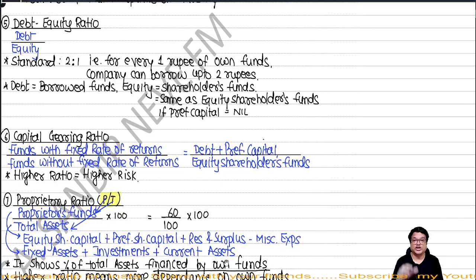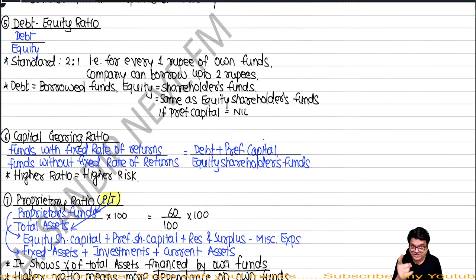And proprietary ratio, PT, what is that PT? Not the other one, PT: proprietors funds upon total assets. What is proprietors fund? Proprietors fund has how many components, people? Four components: equity share capital plus preference share capital plus reserves and surplus minus miscellaneous expenses. And total assets, how many components?